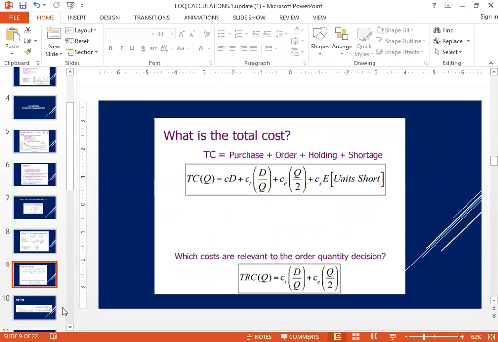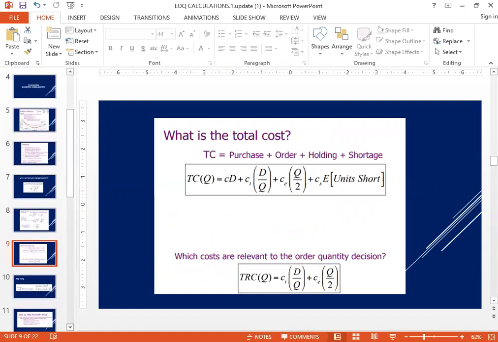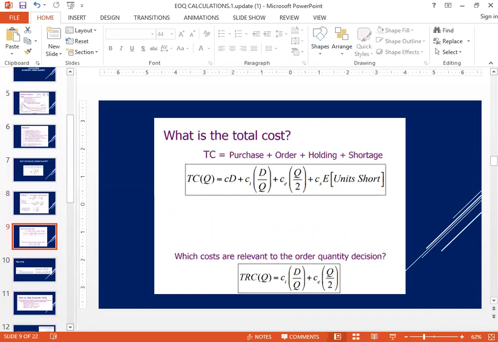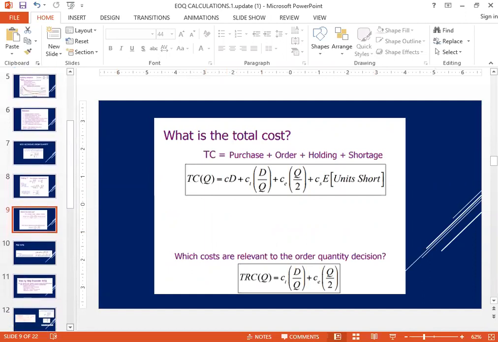On this slide, you see the formulas for total cost and total relevant cost. They're pretty much the same formulas, except that in the total cost, you have purchase cost, order cost, and holding cost, plus the shortage costs.